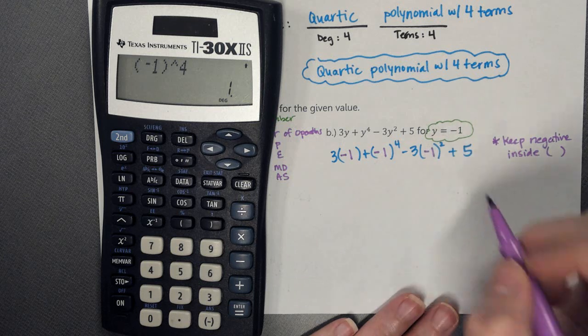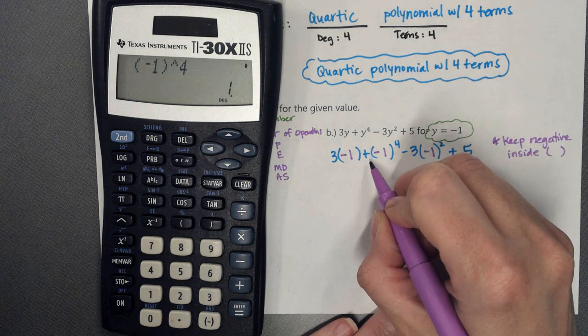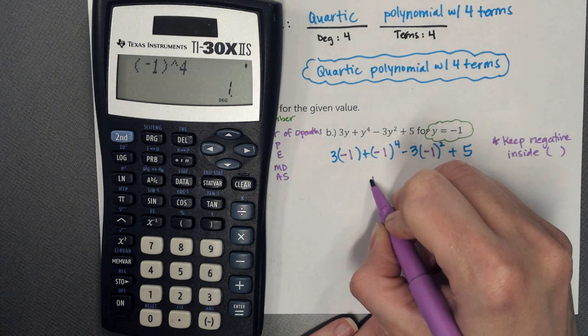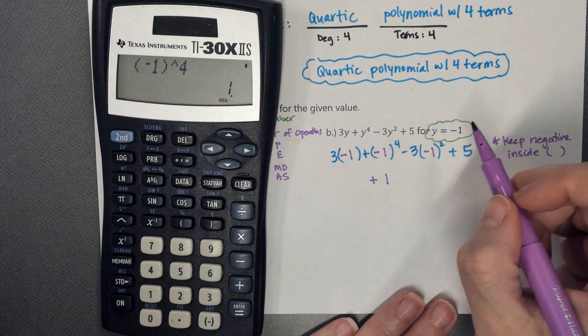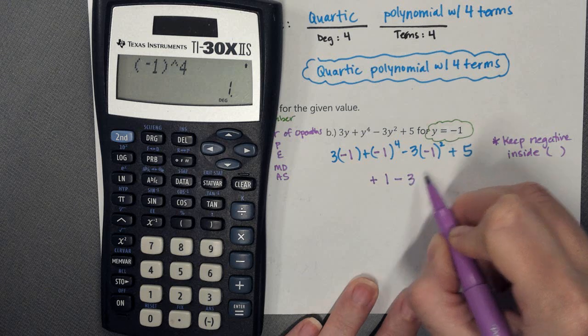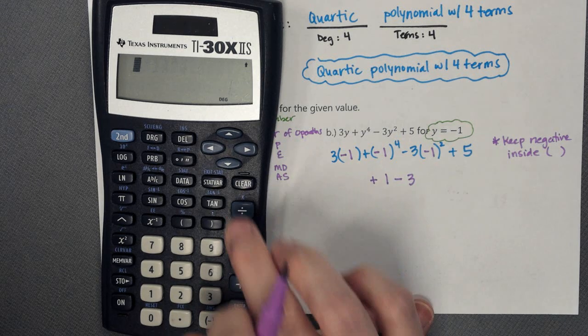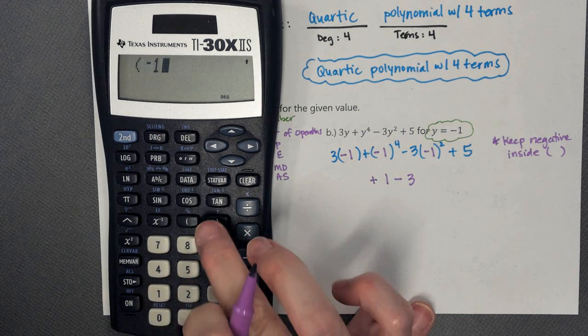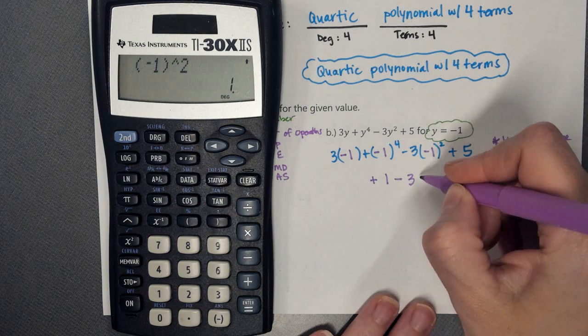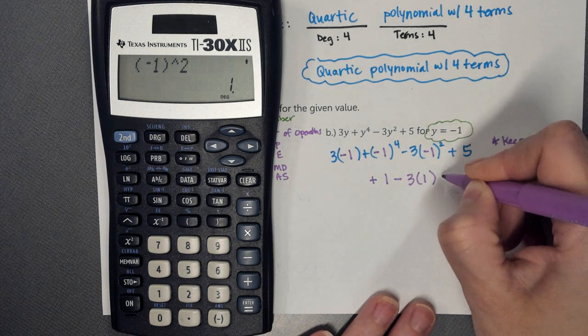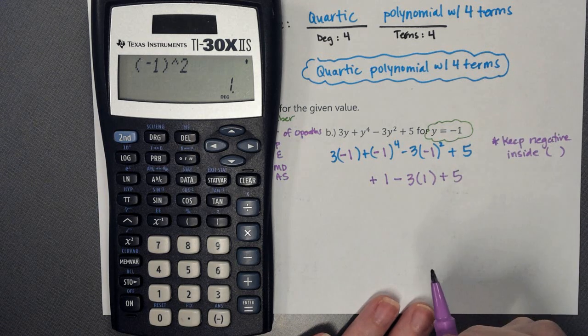Okay, so we're going to do the exponents first. So this would be 1. We're also going to do negative 1 squared. Negative 1 squared is just negative 1 times negative 1. So negative 1 to the power of 2 is a 1. You have the plus 5.